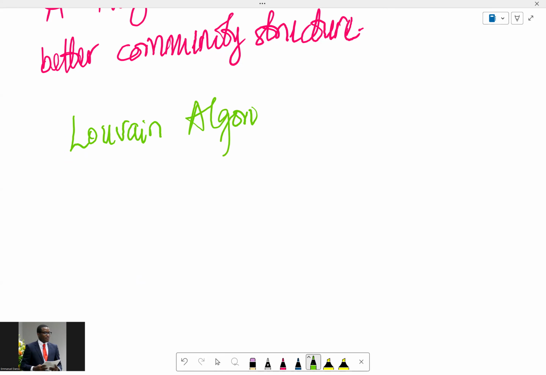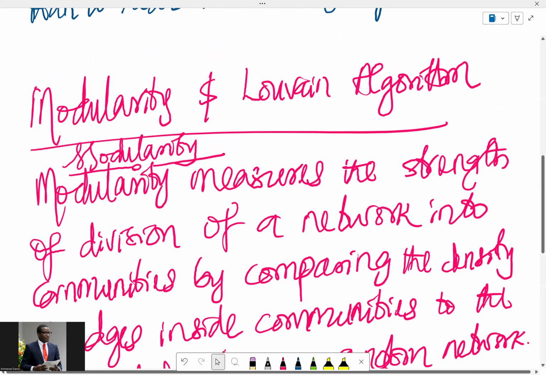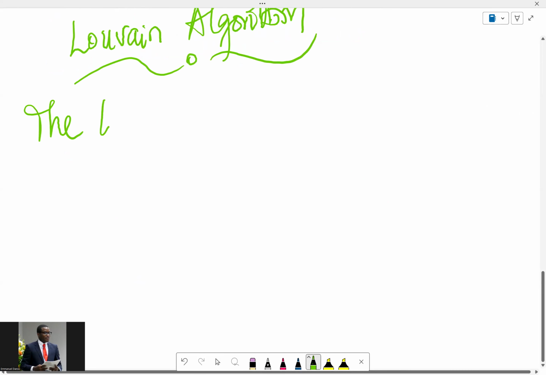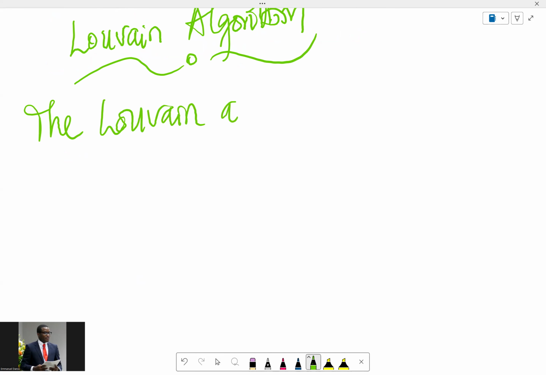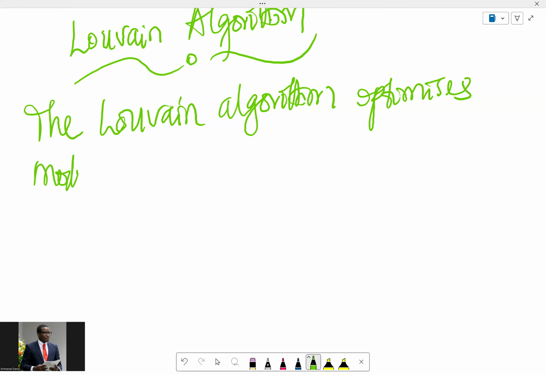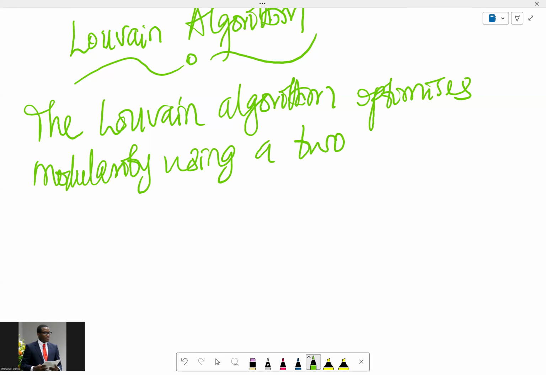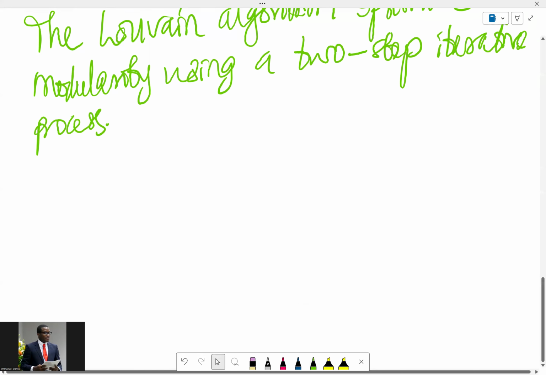The Louvain algorithm optimizes modularity using a two-step iterative process.